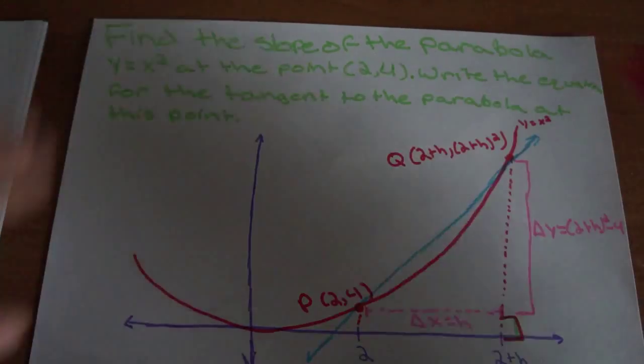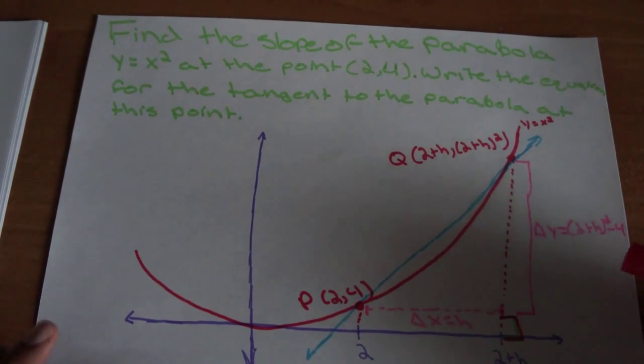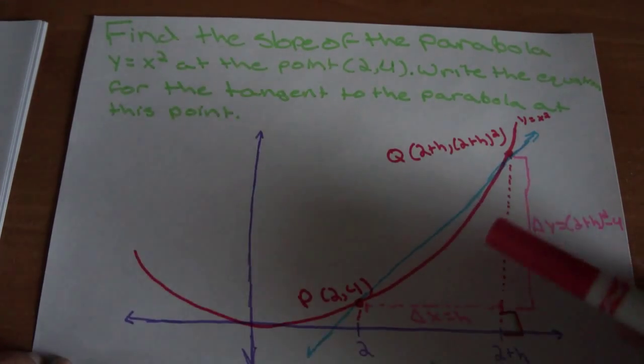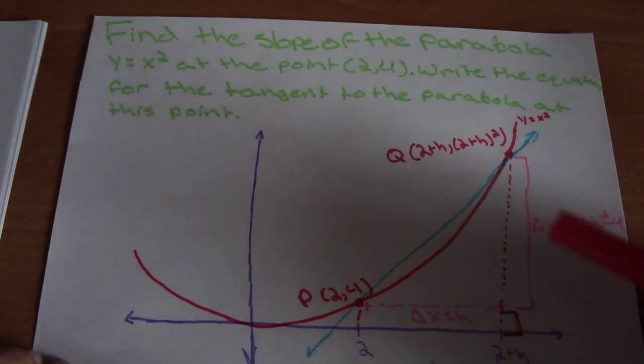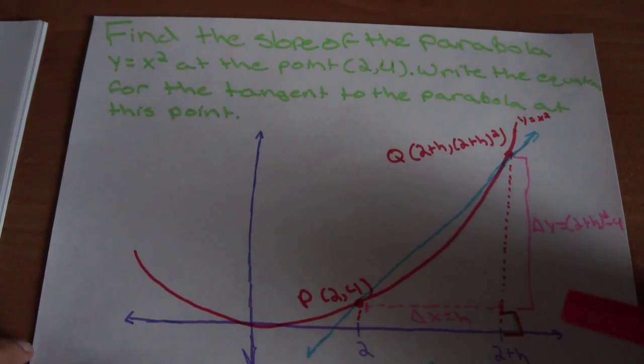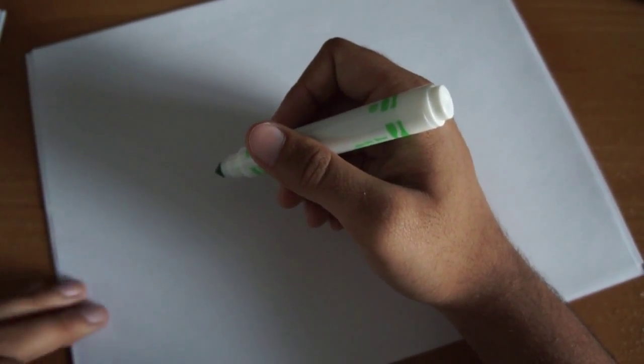Thus delta y equals 2 plus h squared minus 4, and the secant slope, which is the slope between these two points, is delta y over delta x, which is 2 plus h squared minus 4 over h. We have to do exactly what Fermat told us: find the limit as Q approaches P of the secant slope.